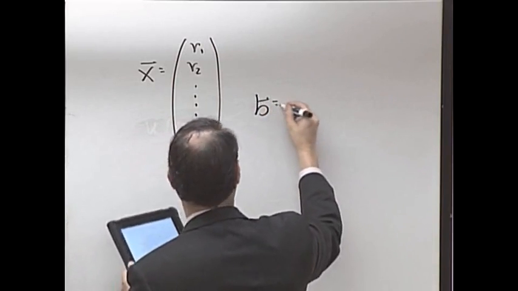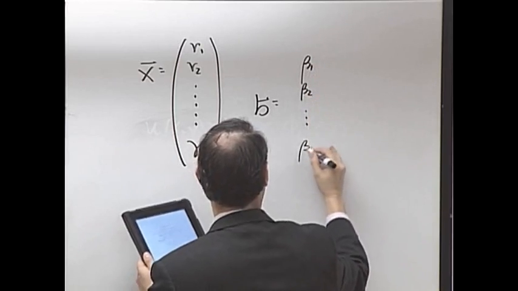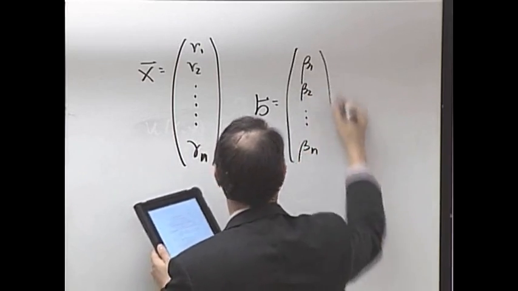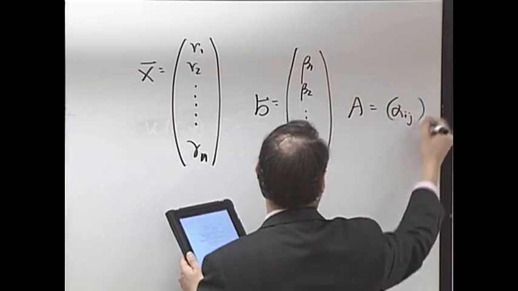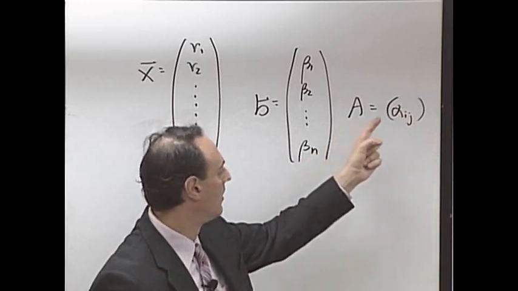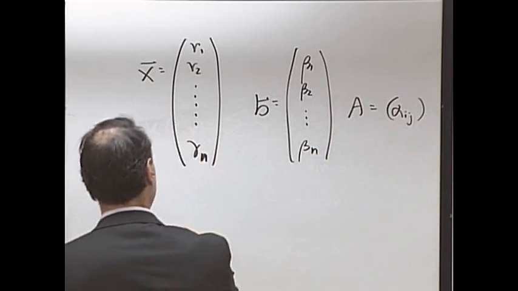B will be a bunch of betas, and I'll tell you what the betas are. And then A will have, I'll write the matrix components of A as alpha ij. That's the component in the ith row, jth column. And let me just show you what the betas are.